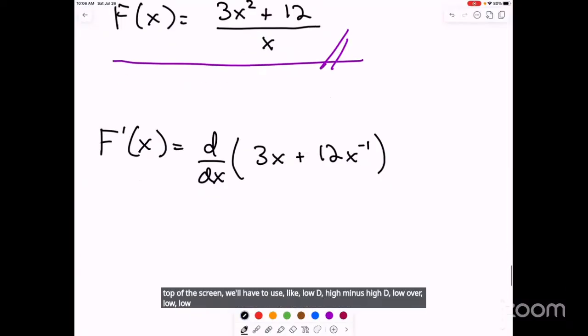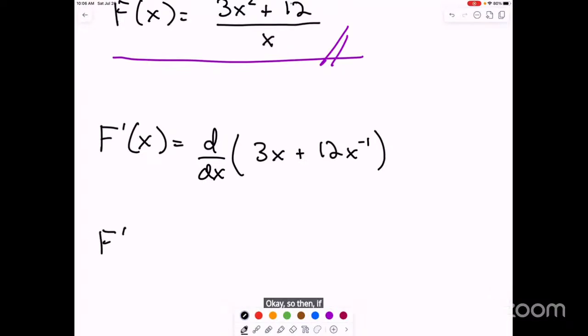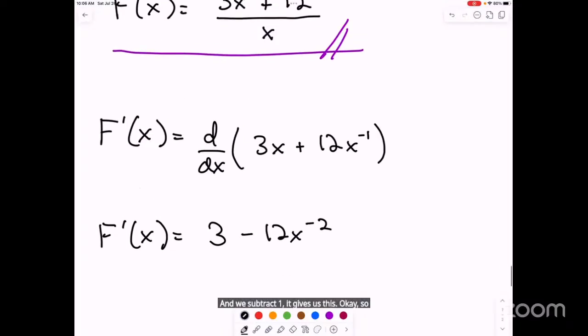I just didn't want to do all of that. All right. Okay. So then if we keep going, derivative of 3x is 3. For the next term, the negative comes down, and we subtract 1, it gives us this. Okay, so this can be our f prime.